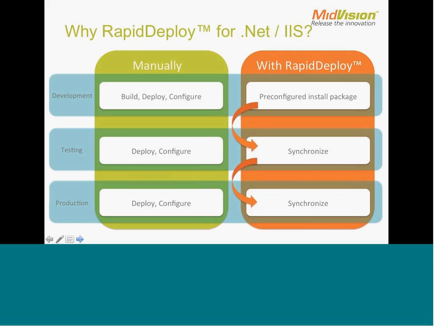So now take a look at the .NET specific aspect of content delivery. On the left, you can see if you deploy your application manually, you have to do deployment and configuration on each environment, and it's very time consuming.